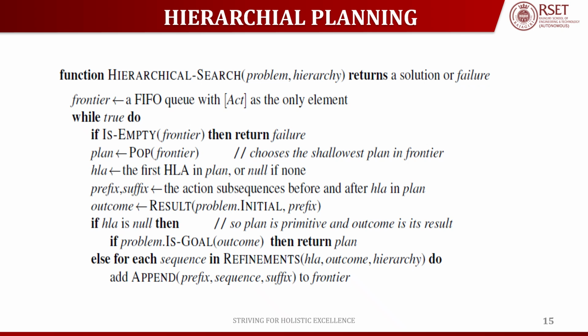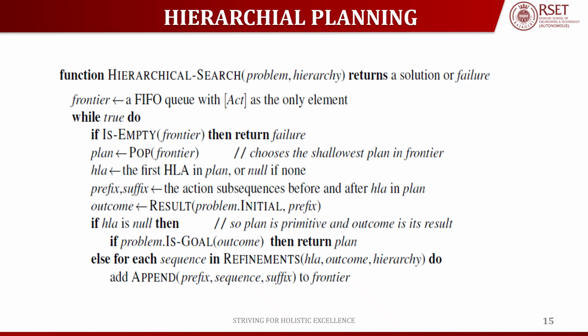And now you're going to select your next plan. That is plan pop frontier. Take the next plan from the queue because in the FIFO, breadth first exploration is happening. Next, you have to choose HLA: the first HLA in plan or null if none. So we are going to look for the first high level action which needs the refinements, and it has two cases, that is no HLA found, and HLA exists.